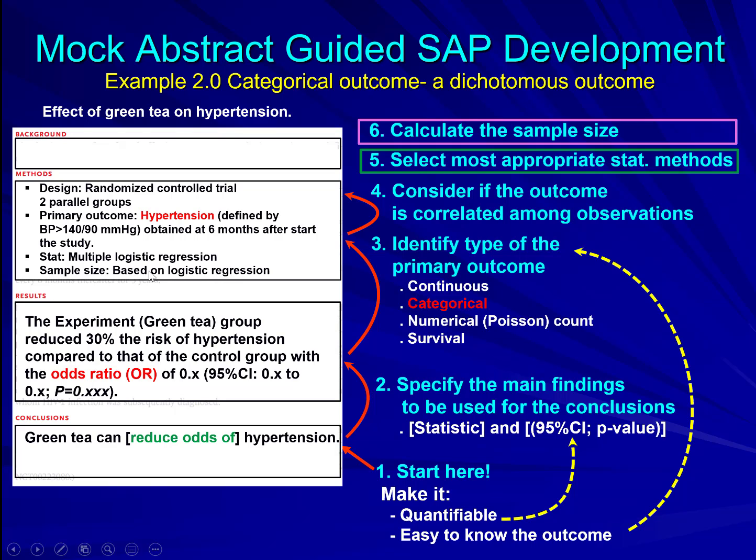Actually, in the abstract format, the sample size is not put like based on this. I just remind you that this is the method of sample size calculation, but in the presentation you need to present the sample size obtained from this way of calculation.